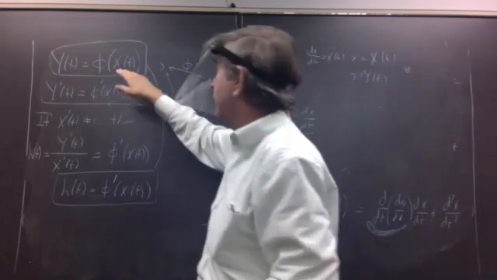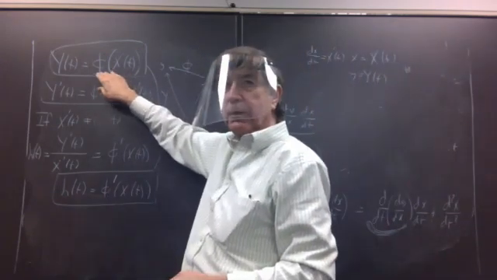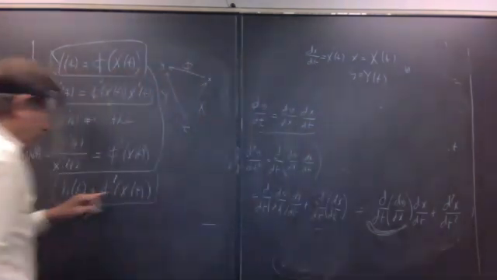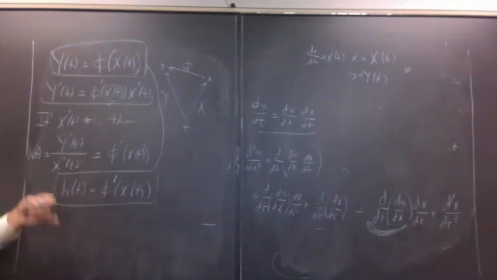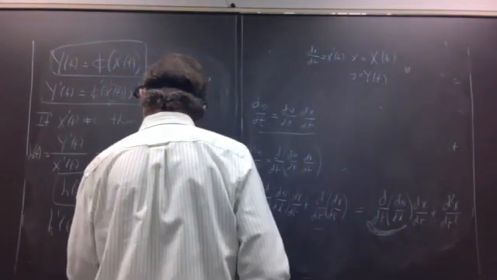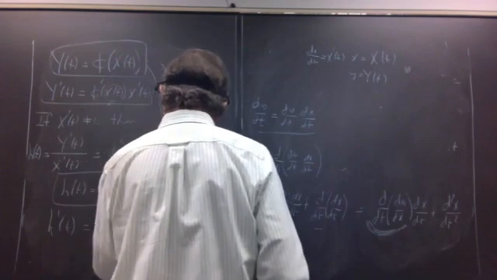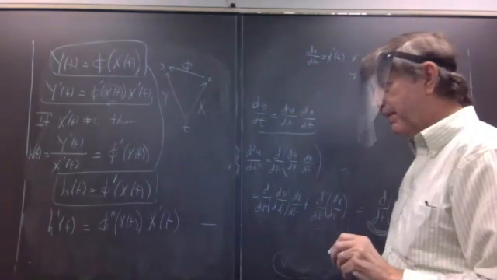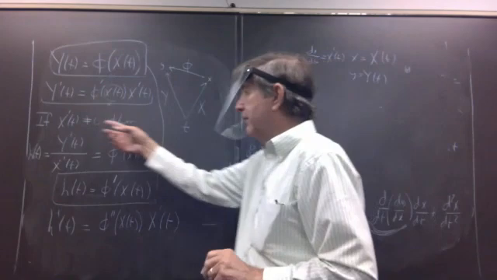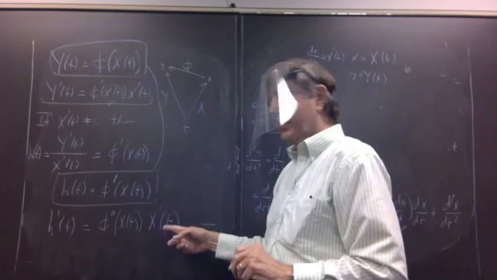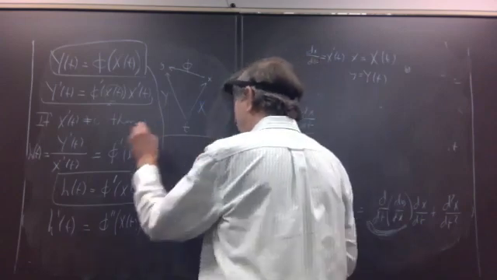Now, we didn't have any trouble differentiating this one because we used the chain rule. So you shouldn't have any trouble differentiating this one. You use the chain rule. So the derivative of h is the second derivative of phi, leaving x alone, times the derivative of x. Again, if x prime of t is not 0, here it appears again right there.